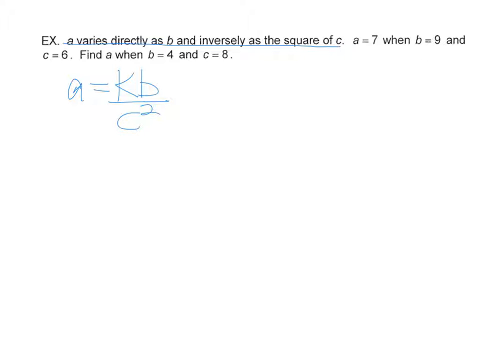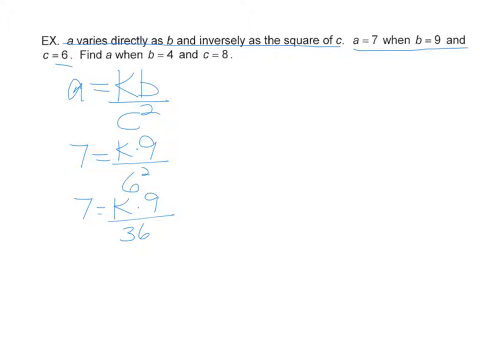So that's our setup. Now looking at the next part, A equals 7 when B equals 9 and C equals 6. So I can fill in those values. 7 equals k times 9 for the b over 6 squared. So 7 equals k times 9 over 36.